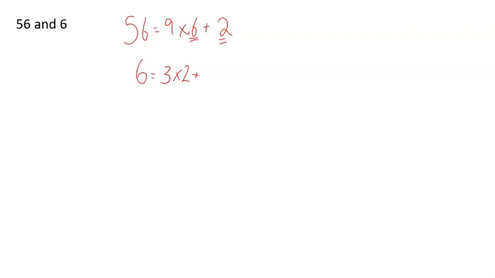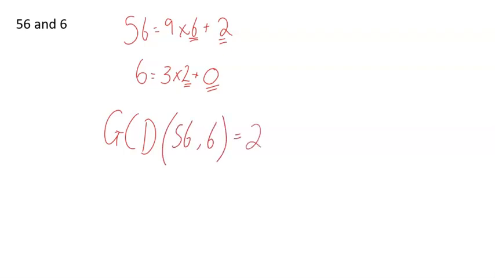So in this case, it's 6 equals 3 times 2 plus a remainder of 0, which means my divisor here is my greatest common divisor of both numbers. So I can quite simply write that the GCD of 56 and 6 is equal to 2. So they share another factor of 1, but the greatest common divisor they'll both share in this case is 2. Quite simple and straightforward.